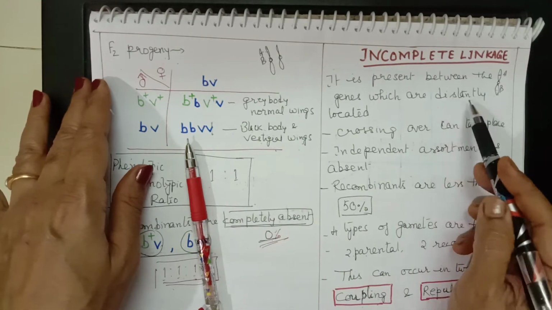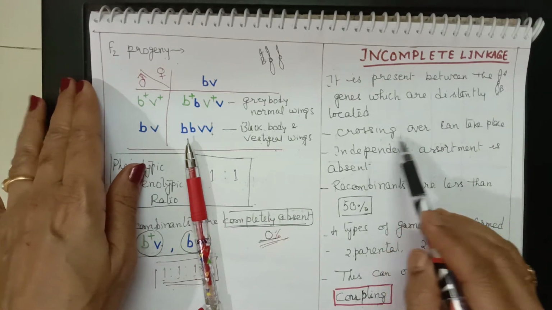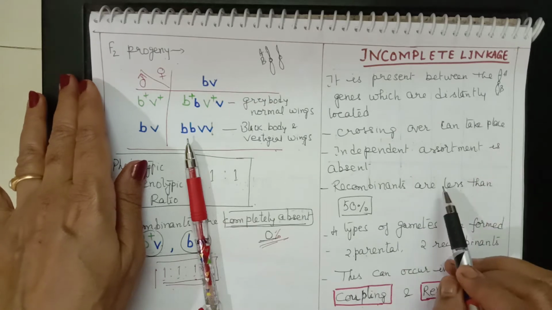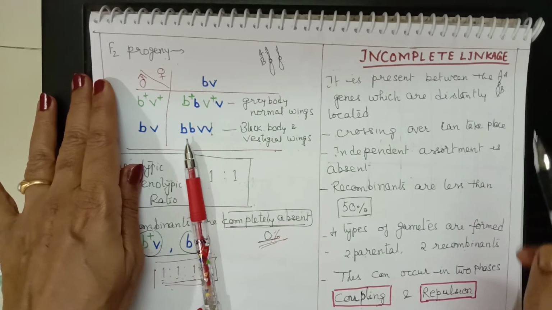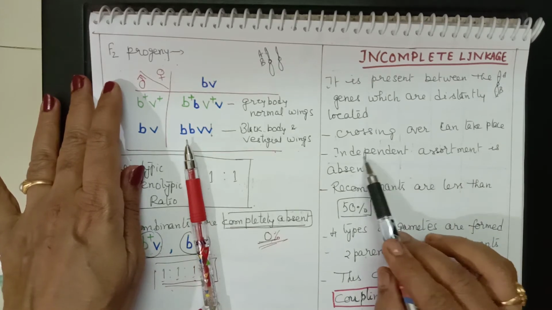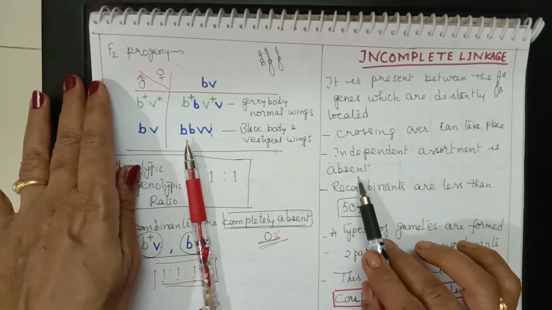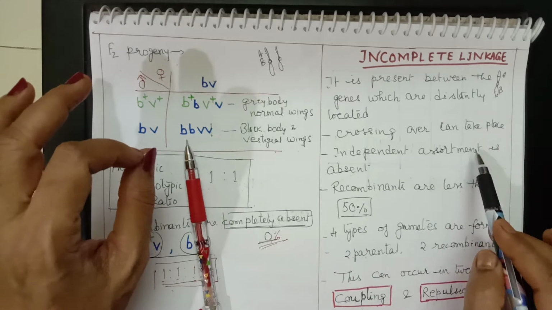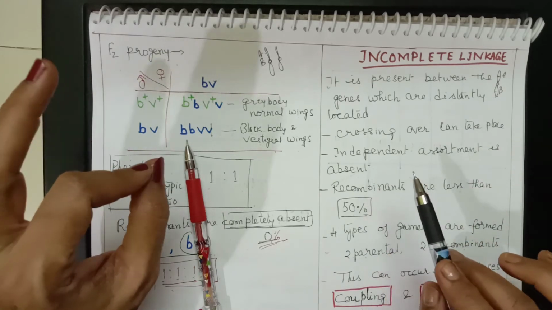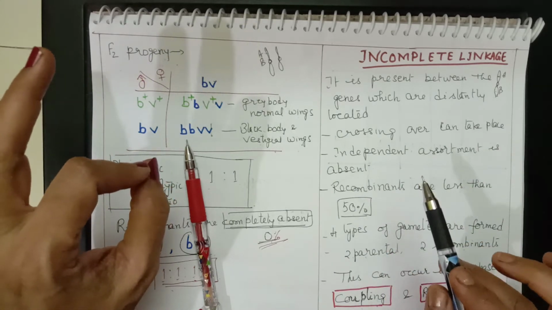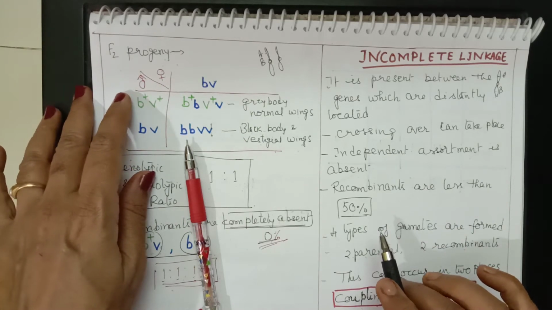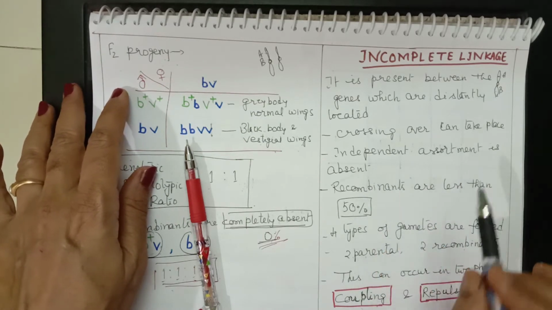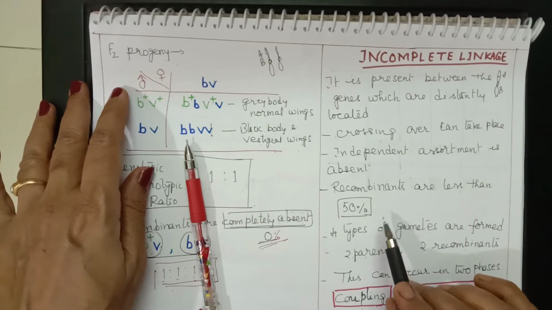So here they are distantly located. Crossing over can take place here because the distance is more. Independent assortment cannot take place here because, as I told, linkage involves only one homologous pair of chromosome.